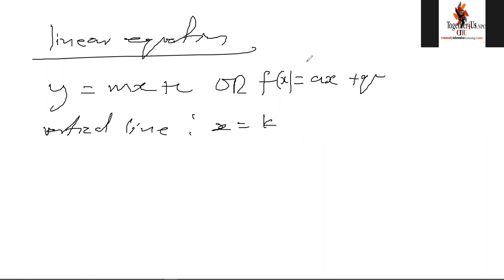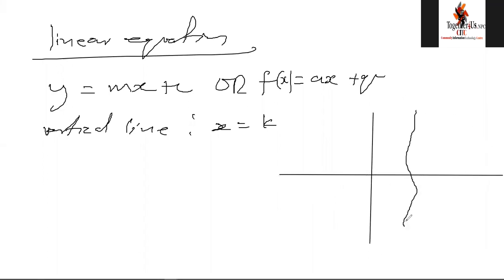So vertical line, if you can think about it, if I were to draw the Cartesian plane here, okay, then if you've got a line here and they ask you for the equation of this line, it doesn't seem like a line, clearly. So let's take a different color. If they ask you for equation of this line, then you know the equation will be in the form x equals k, being this coordinate there, okay?